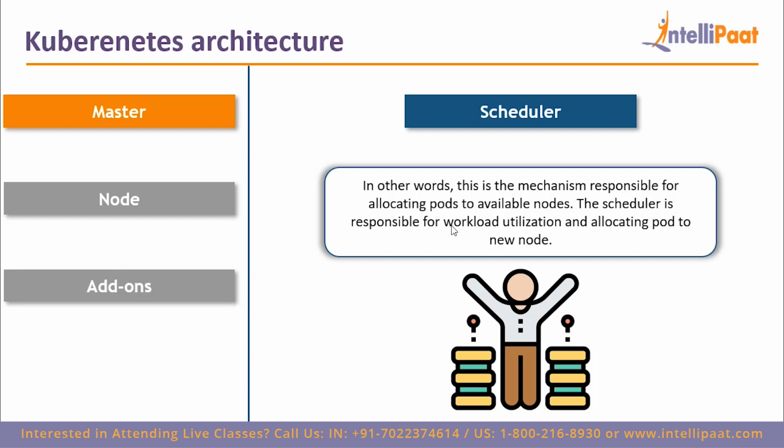As I mentioned before, we can have multiple replicas of these pods deployed on a single node. And if one of the replicas is, let's say, busy or is down for some reason, the scheduler is responsible for allocating these pods to different nodes and making sure that if something is not working, then the work will be given to some other node. And that is the important part of the scheduler.